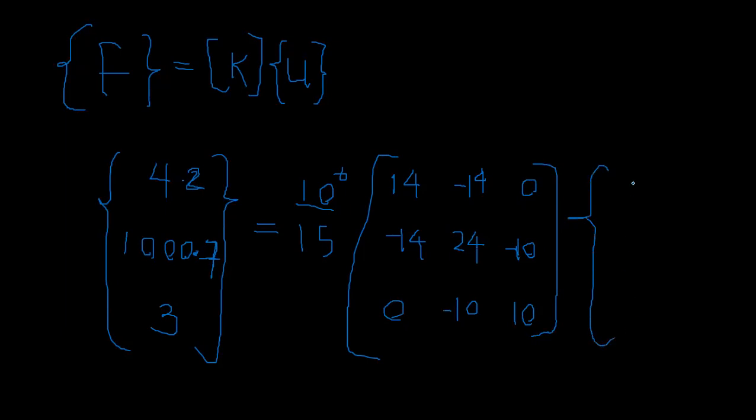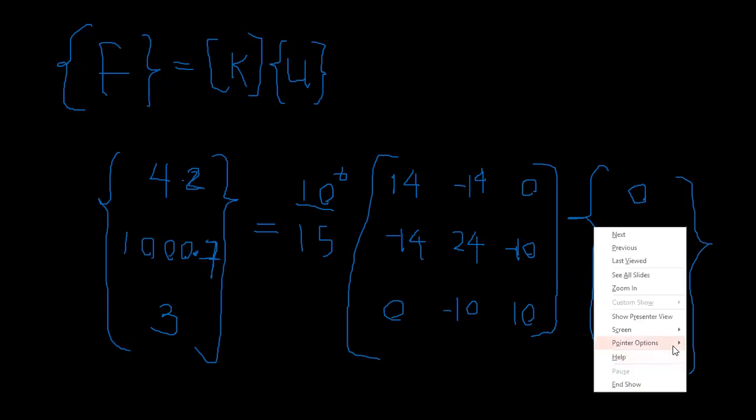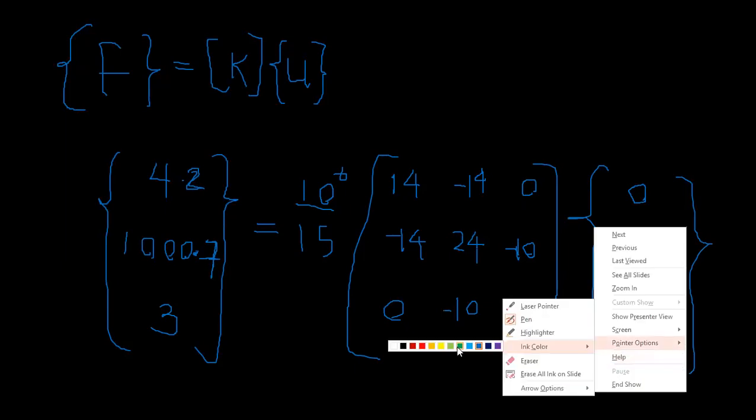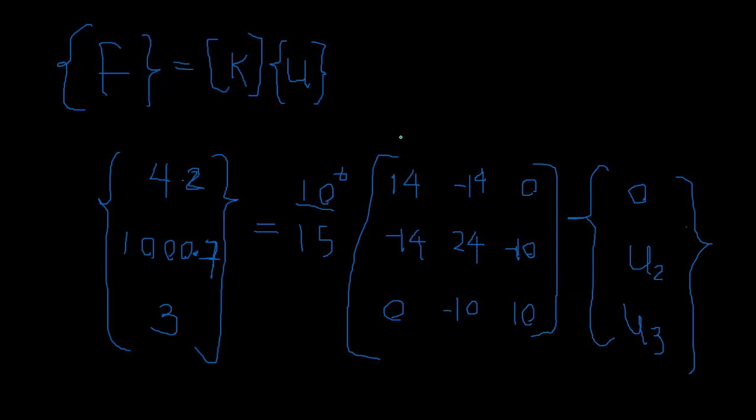This is going to be, you know, U1 is 0, U2 and U3. And if it is 0, we don't need to solve for that equation, right? It's nothing. So this is U1, 2, 3, this is U1.